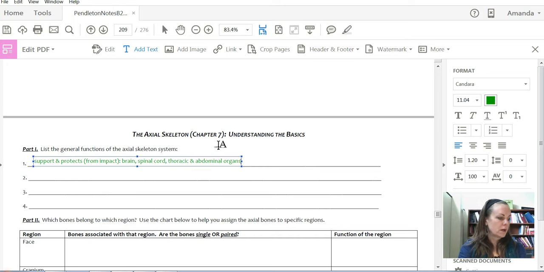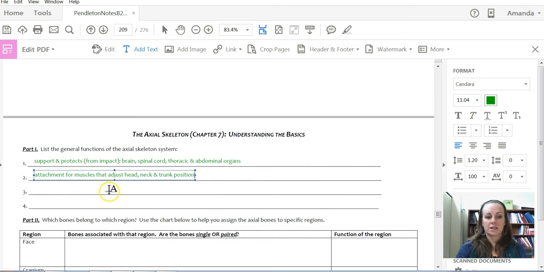organs. Okay. We're going to have it be attachment for muscles, okay, and that's going to be the same for 2, 3, and 4. So muscles that adjust the head, neck, and trunk position.